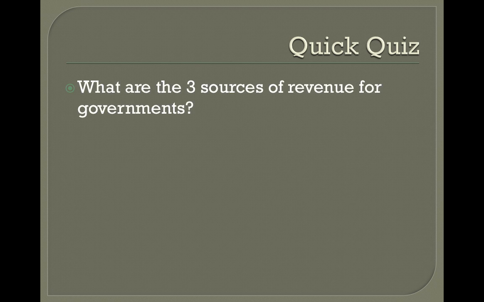Okay, let's do a quick quiz. Let's see if you got anything out of the last so many slides. First, what are the three sources of revenue for governments? Where do they get their revenue? Think about this. You just saw this. What are the three sources? You got it? It's direct and indirect taxation and privatization.